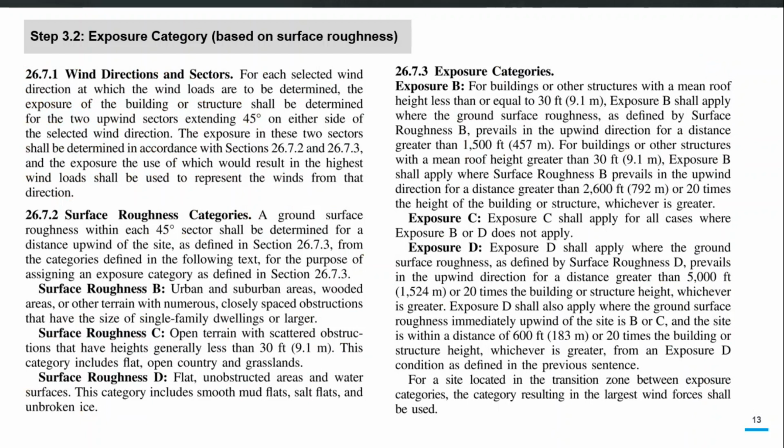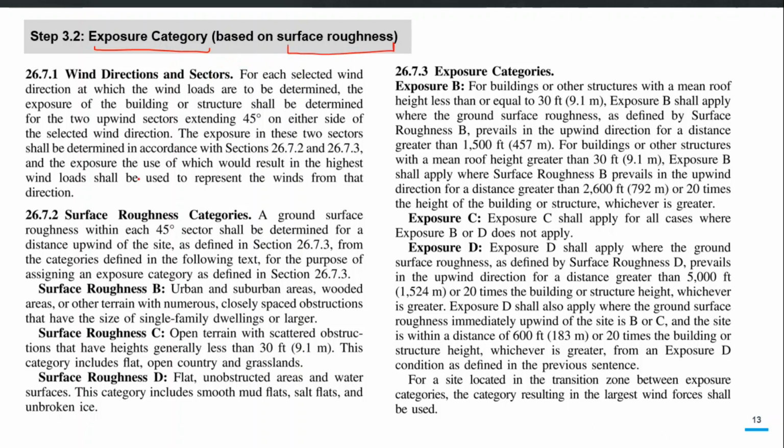Then in the same step 3, we also have to classify our building based on exposure. So we have to give an exposure category to our site, and that exposure category depends on what we call the surface roughness.